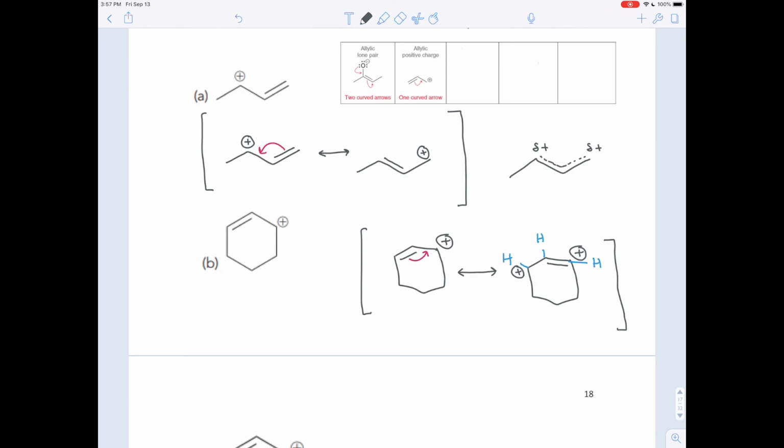The middle carbon is the same. 4 minus, there are no dots around that carbon, there are 4 lines around it, and so that has ultimately a 0 charge. And for the carbon on the right, it's carbon, so 4 minus 0 dots around it. There are 4 lines around that now. 2 in the double bond, and then 2 in the other single bonds. And so that has a 0 charge, not this positive charge.